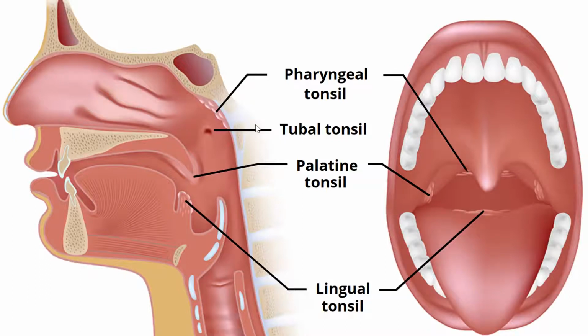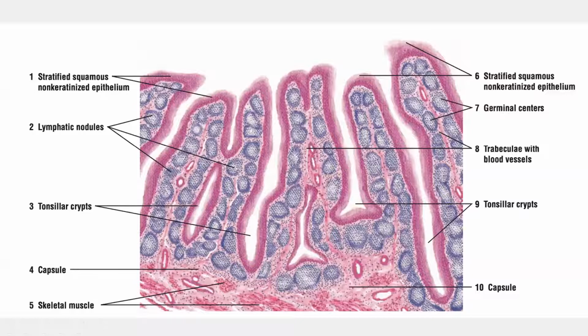If I want to talk about the structure, the tonsil is partially encapsulated. It means that on one side, we have epithelium. On the other side, we have capsule. And the capsule doesn't wrap our organ from outside completely.